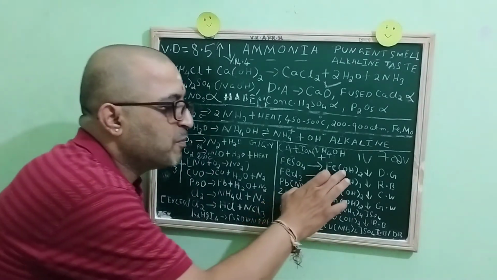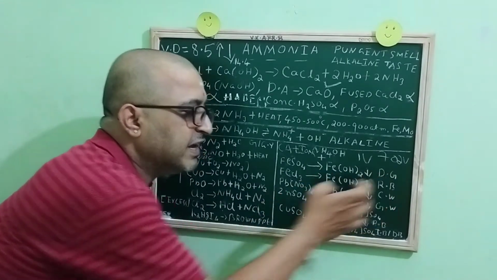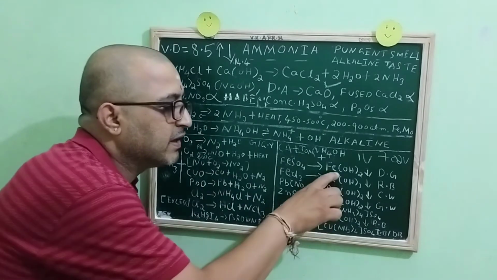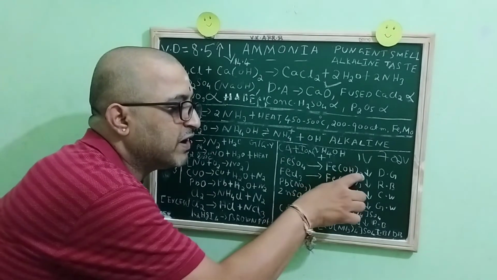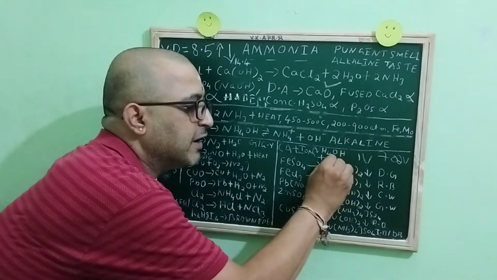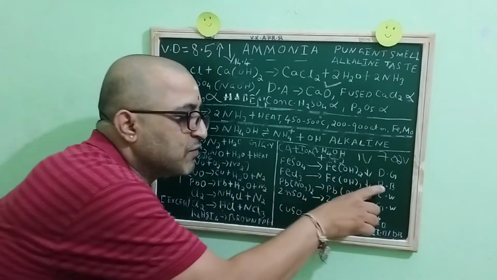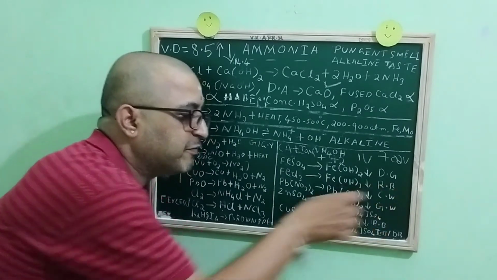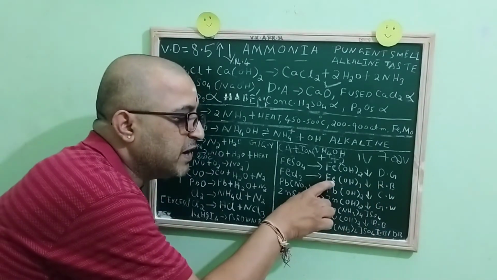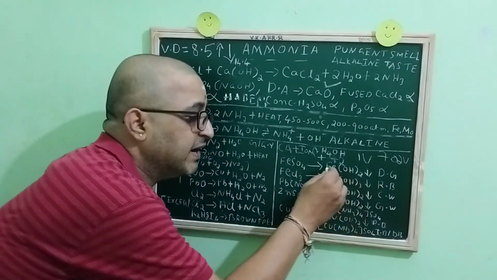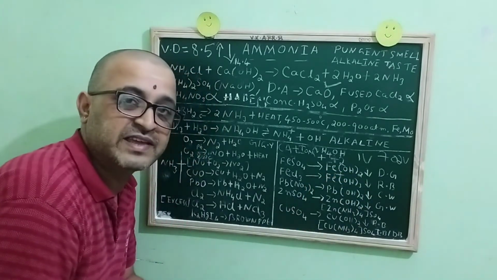Suppose the precipitate color is dirty green, then that precipitate is ferrous hydroxide and the cation present is Fe2+. Suppose the color of the precipitate is reddish brown, then the precipitate is ferric hydroxide and the cation present is Fe3+.